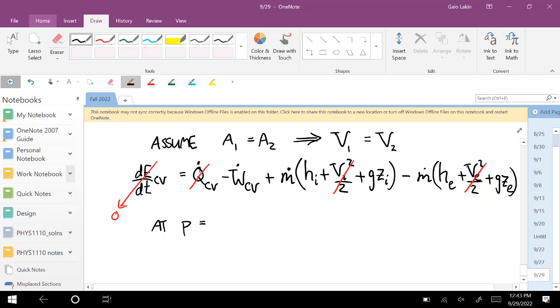So when pressure is equal to 1.01 times 10 to the fifth, the density is 1,000 kilograms per cubic meter. If it wasn't at atmospheric pressure, you could look that up in a table as specific volume.